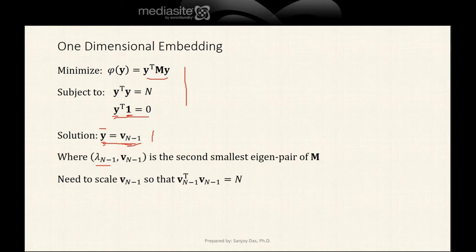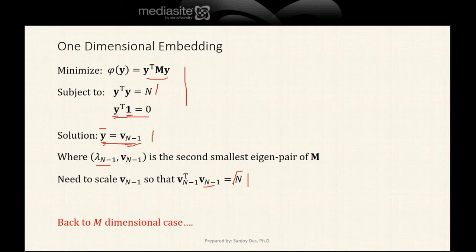However, here we need y transpose y equals n. So we have to scale the eigenvector so that this constraint holds. V transpose n minus 1 times Vn minus 1 should equal n. In other words, the norm of this eigenvector should be square root of n.